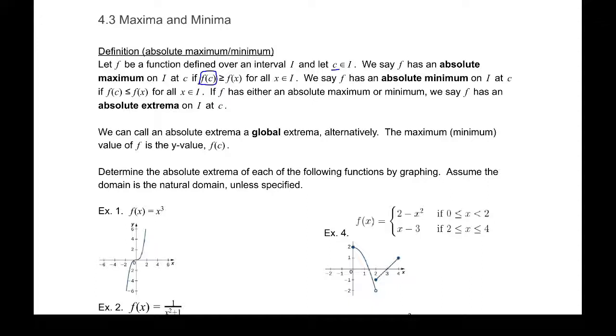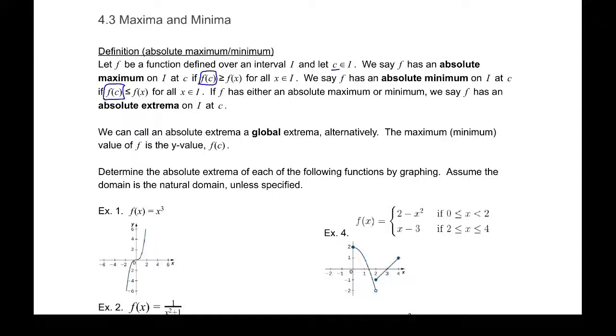Similarly, if the value at c is less than every other value on that interval, then we call it an absolute minimum. It is the absolute lowest or smallest y value on that interval. In either case, we refer to these as absolute extrema. They are the extreme values, the y values, that the function takes on in that interval.